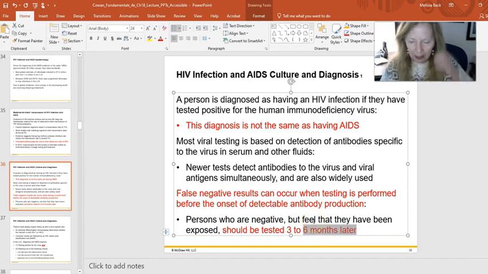So what I'm saying is, if you get exposed to what you think could have been a potentially positive fluid, you can be tested soon after, but you can't really rely on that negative result. You'd have to be tested as far as 6 months out from that event to be assured that that event did not cause you to have HIV positive status.